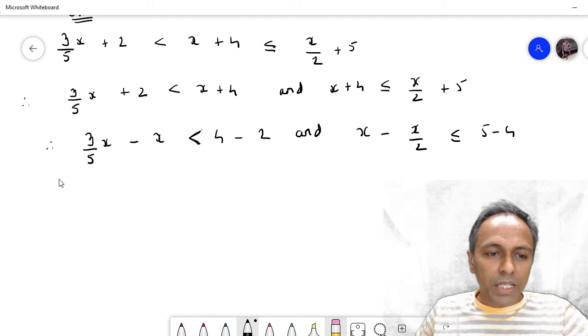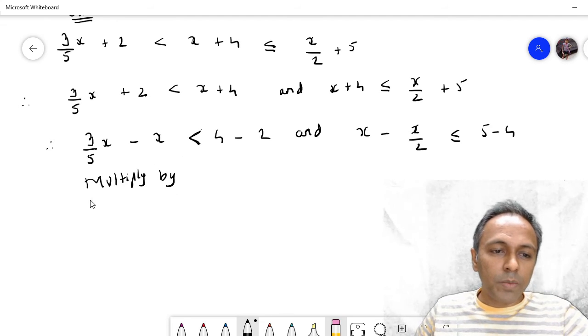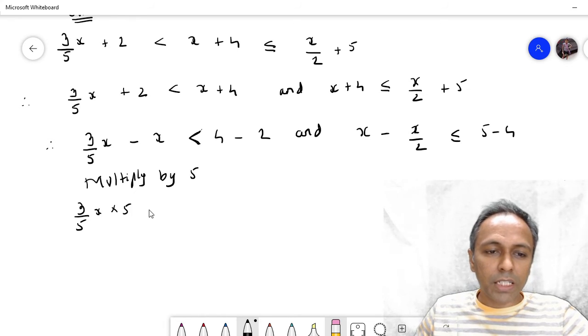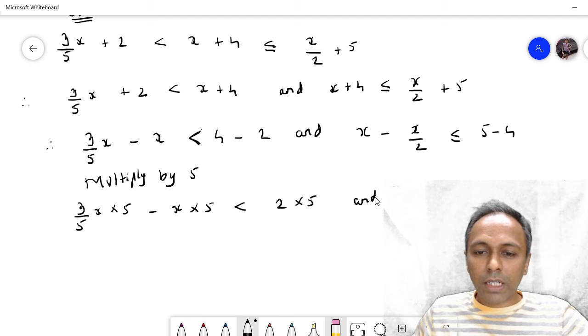We can multiply by 5, as 5 is the only term in the denominator. So 3/5x into 5 minus x into 5 is less than 4 minus 2, which is 2, into 5. And here let's multiply by 2.